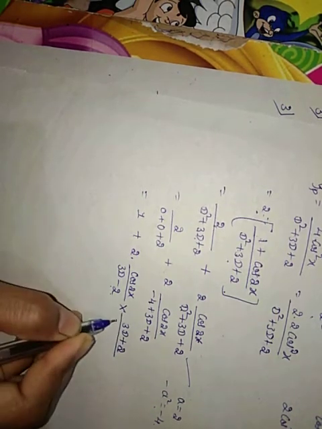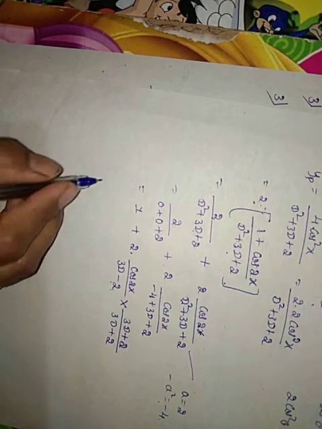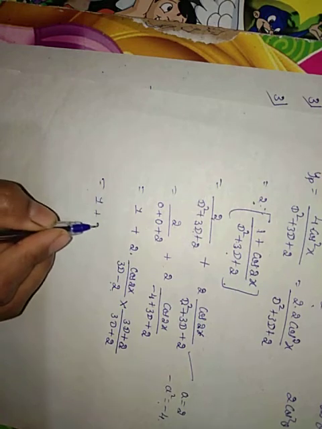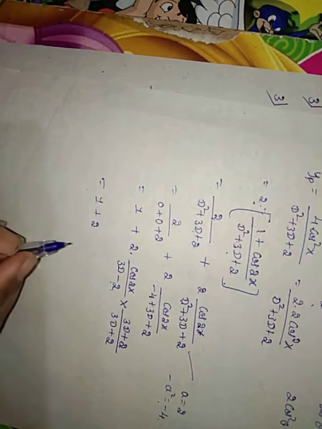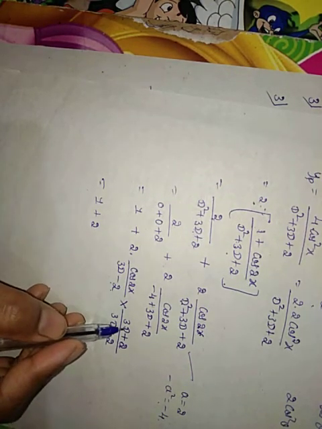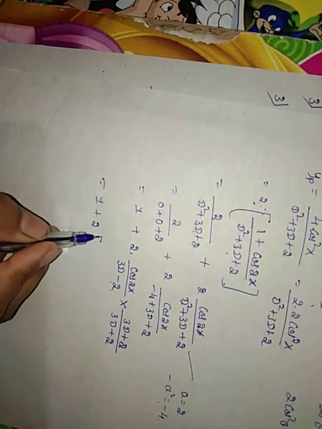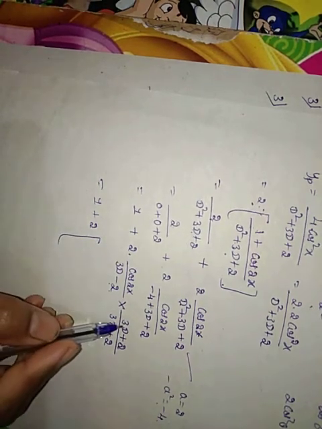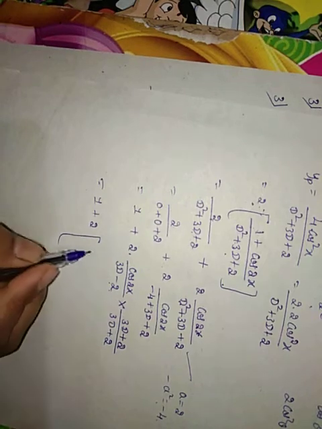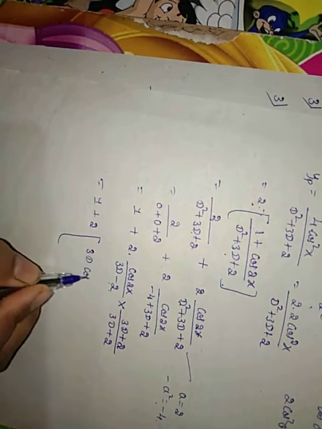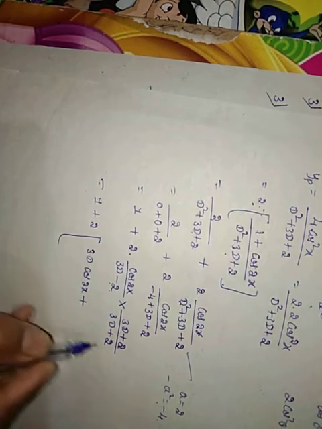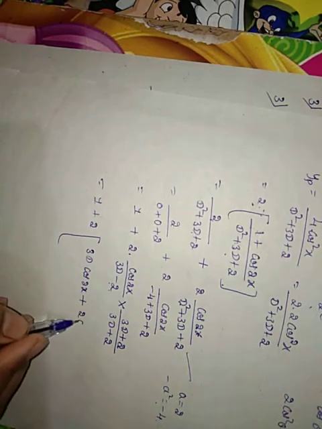Multiply both numerator and denominator by 3D plus 2. Now 1 plus, keep your 2 as it is, 3 into derivative. I just take a bracket here: 3 into D of cos 2x plus 2 into cos 2x.